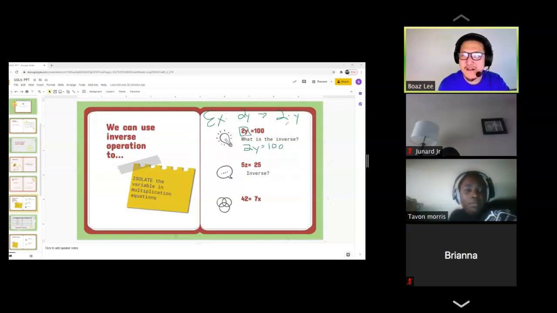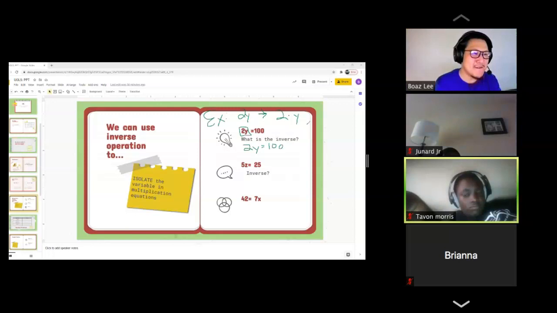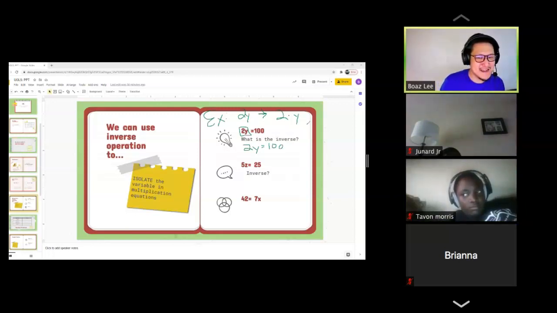Okay, so we know that 2y is the same thing as 2 times y. And you guys told me that the inverse operation of multiplication is division. So we know we have to divide something to both sides to get this y by itself.